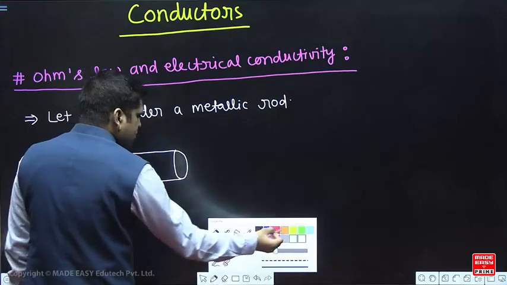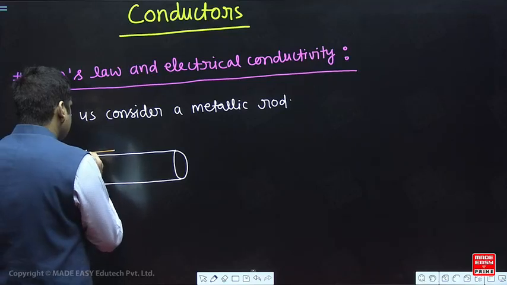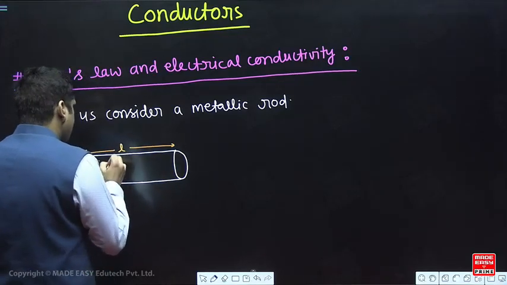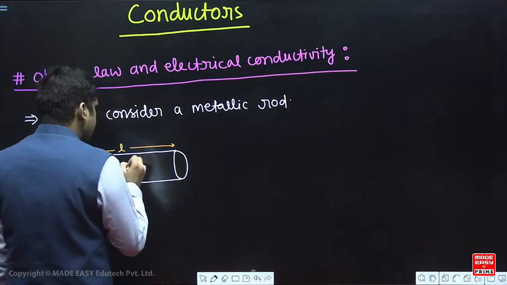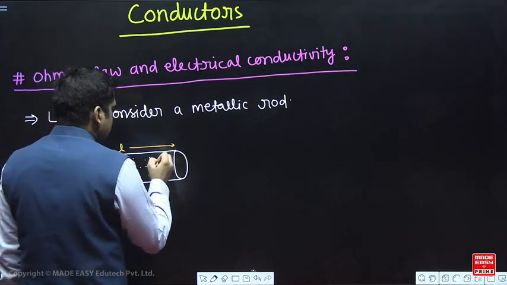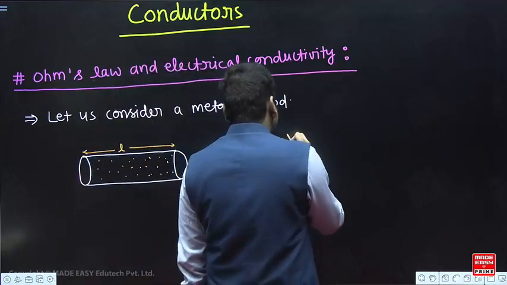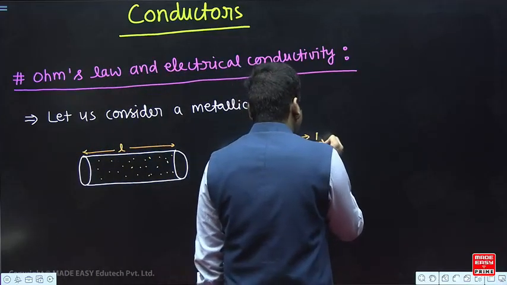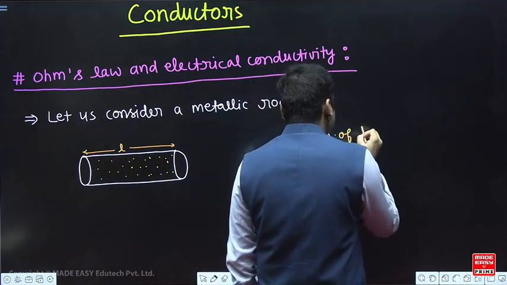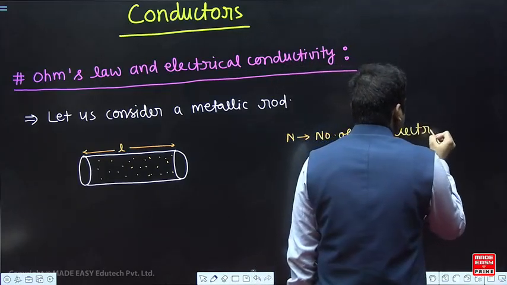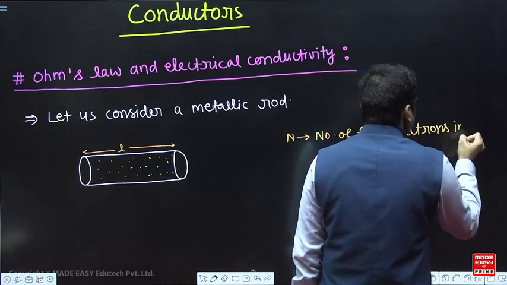The length of this rod is L, and there are large number of free electrons. So capital N is the number of free electrons in the rod.